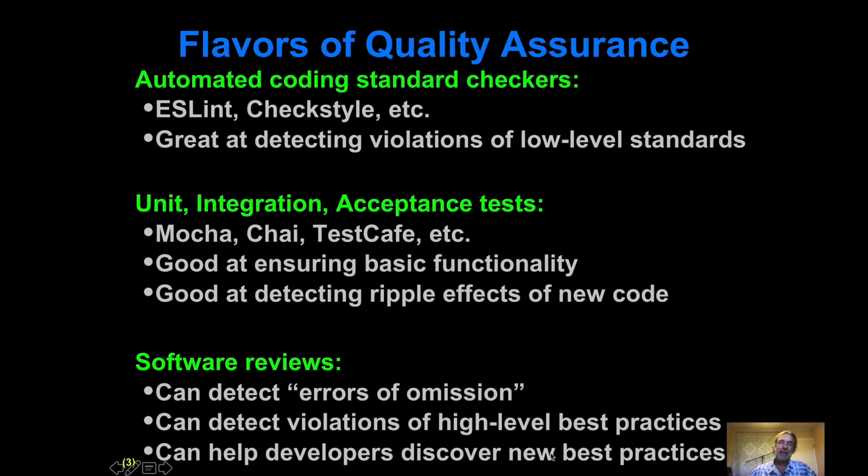Maybe there are deprecated functions you shouldn't be using. Those kind of tools can detect those things for you, and you can also configure the set of rules. So for a development team, you can decide what are the standards we want to obey at this low level. So that's awesome. Definitely want to do that.